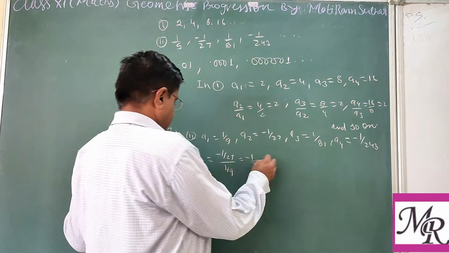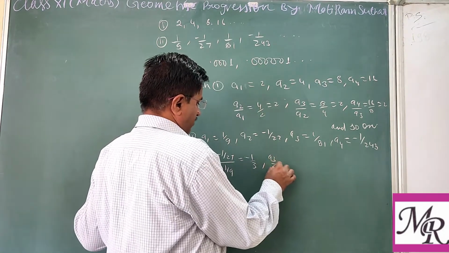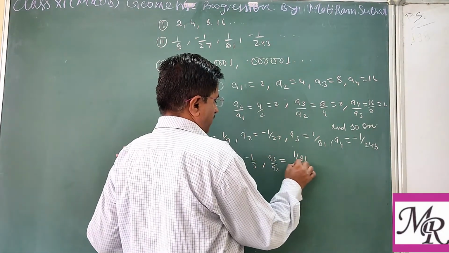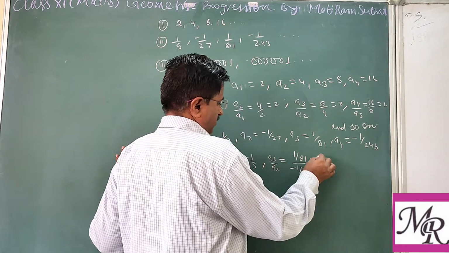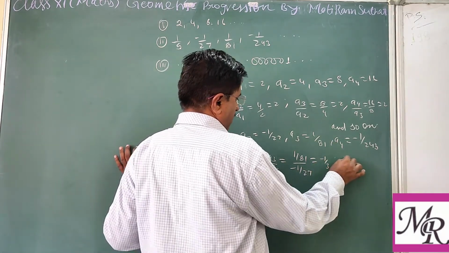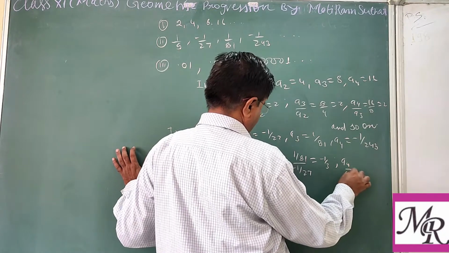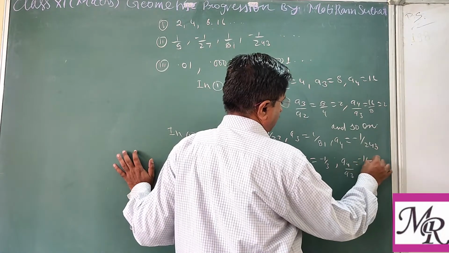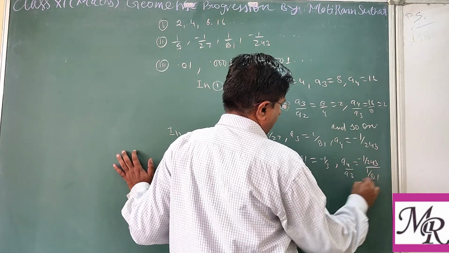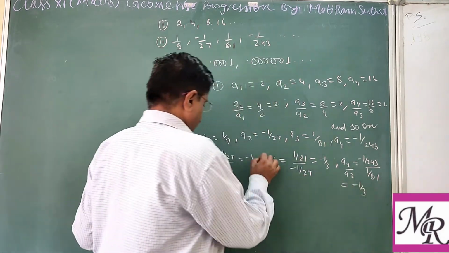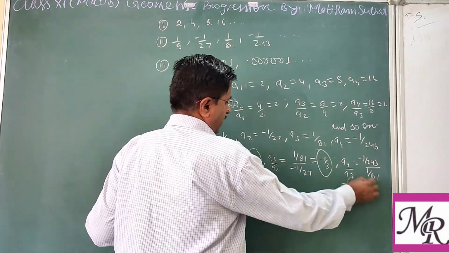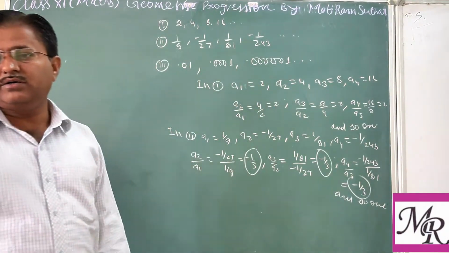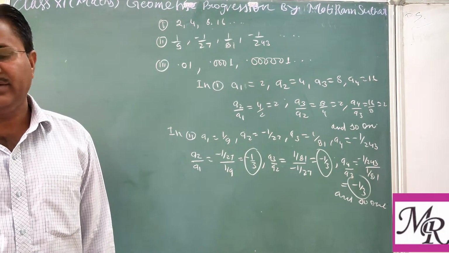Clear? Similarly, A3 by A2 is 1 by 81 upon minus 1 by 27, so this is minus 1 by 3. A4 by A3 is minus 1 by 243 divided by 1 by 81, which is also minus 1 by 3. So the ratio of the terms is constant.